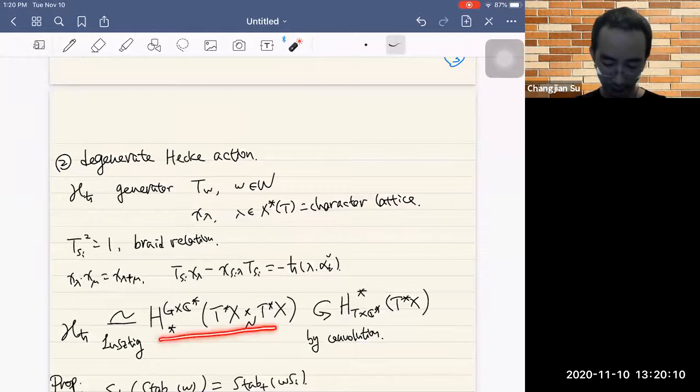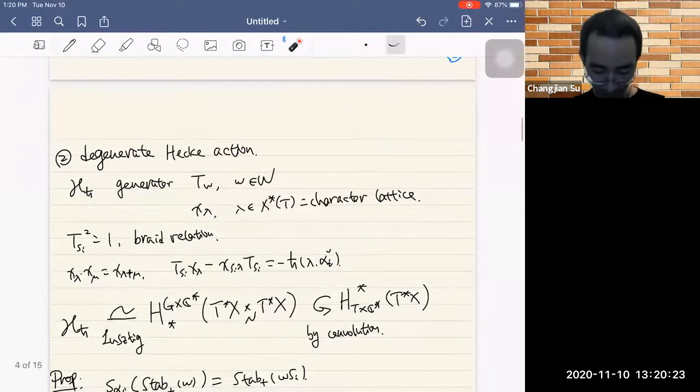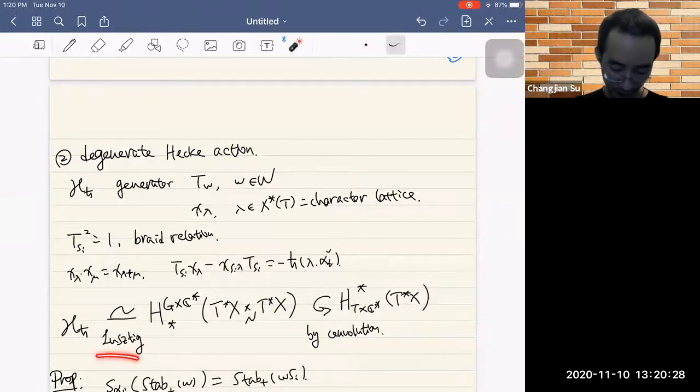First of all, this will have an algebra structure by convolution, because you can consider three copies of the cotangent bundle of flag varieties, and then you can form the push-pull. Anyway, the Lusztig theorem tells us that this convolution algebra is isomorphic to this degenerate Hecke algebra.